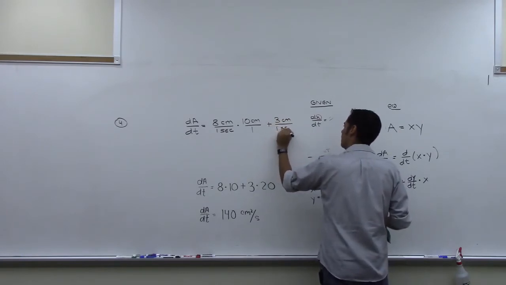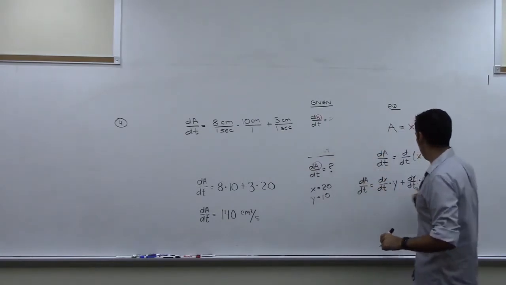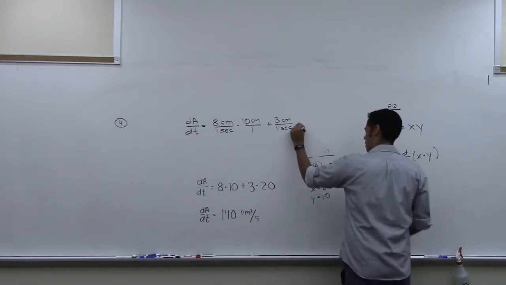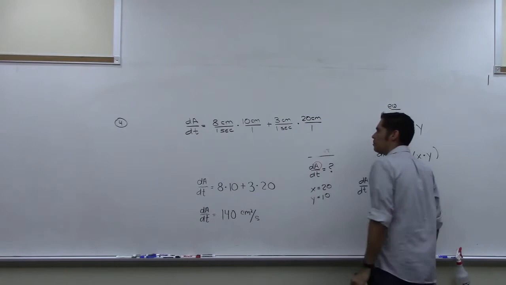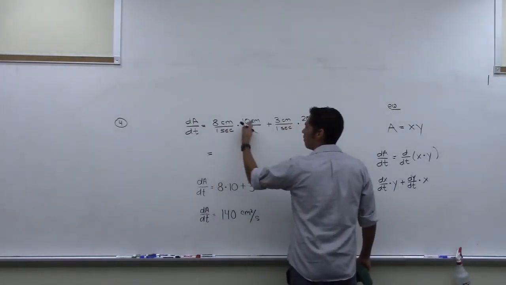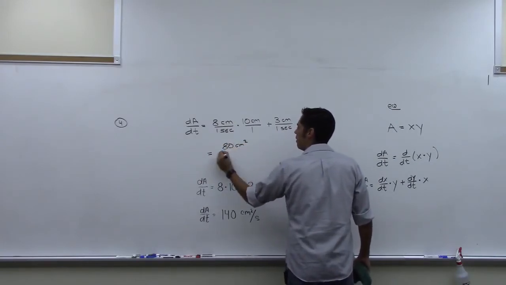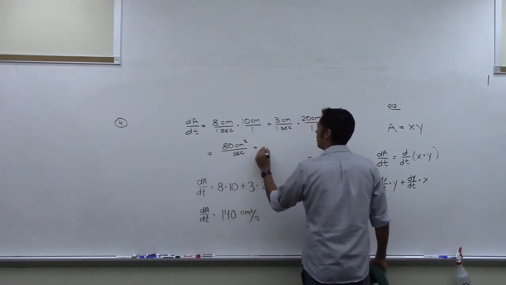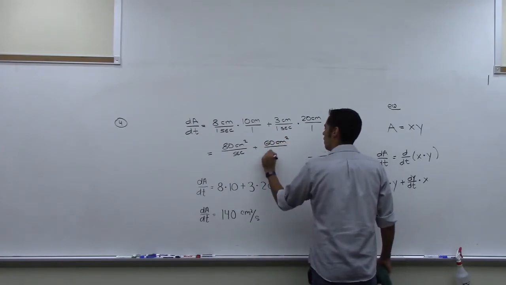per 1 second. I erased it, but it said 3 centimeters per second, and then times x, and x was 20 centimeters, so I'm going to write 20 centimeters over 1. So I just wrote them like fractions so that you can see that when you put this together, you multiply across the top here, you get 80 centimeters squared over 1 second, plus 60 centimeters squared over 1 second.